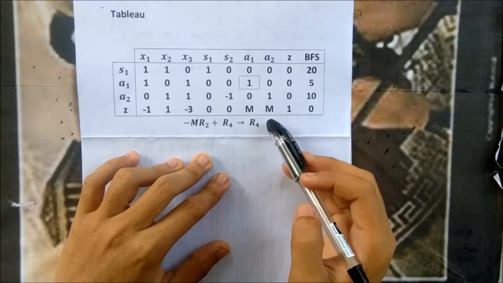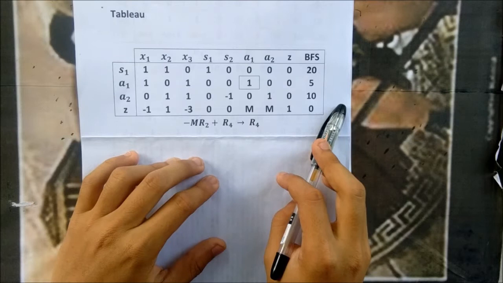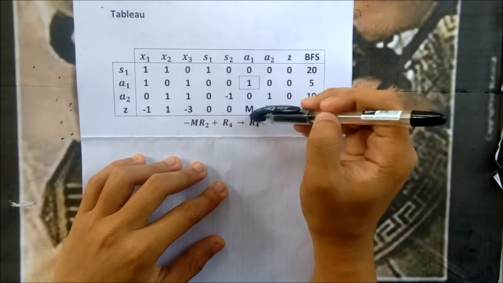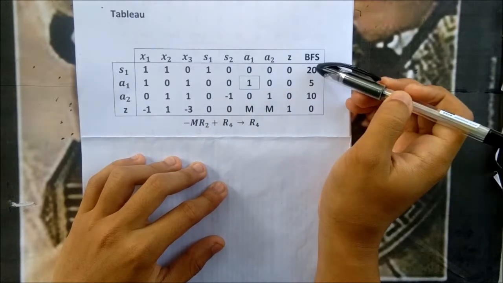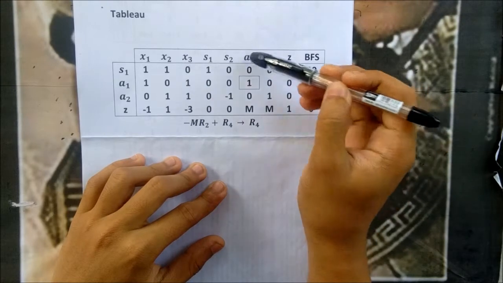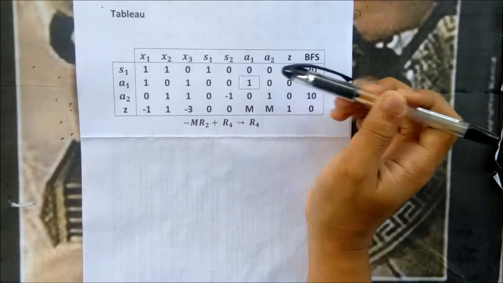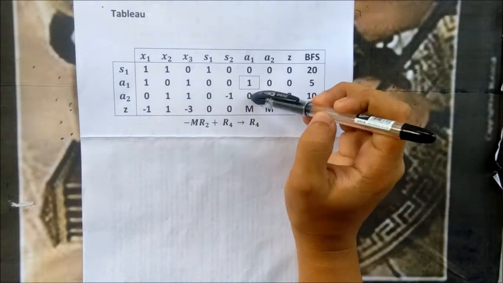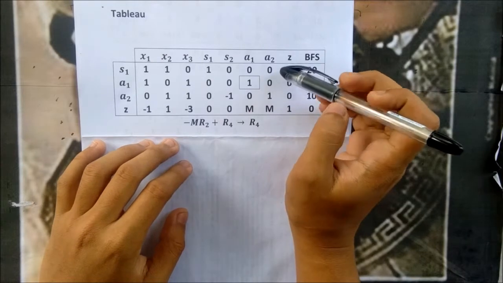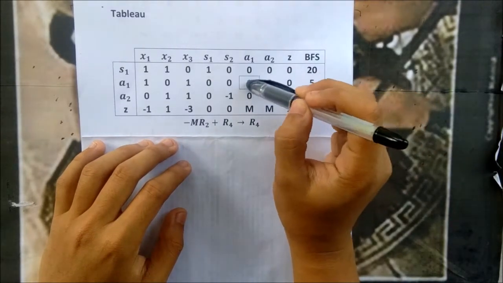Let's assume that we use the a sub 1 column first. Now the departing variable is the one at row 2 and the column of a sub 1. Because the others are 0, we can get a ratio, so we'll choose this.